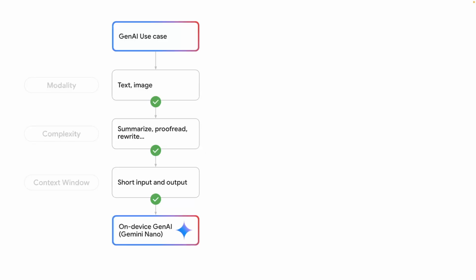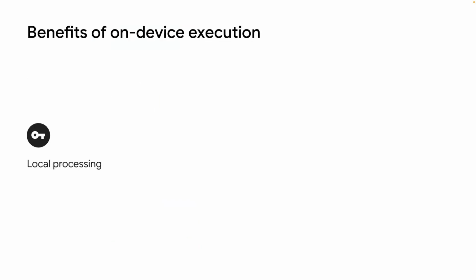At this point, what we'll use is the on-device Gen AI solution provided by Gemini Nano. Processing locally right on the user's phone has several benefits. It increases user data privacy and safety because the data doesn't have to leave the device.